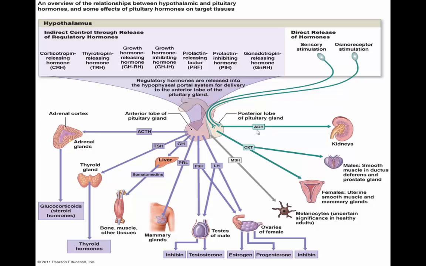Neurohormones synthesized in the hypothalamus reach the anterior pituitary gland, which is the adenohypophysis, through a portal vascular system, and that regulates the synthesis and release of these 6 major hormones that you have right here. Virtually all hormones produced by the hypothalamus and the pituitary are released in a pulsatile fashion.